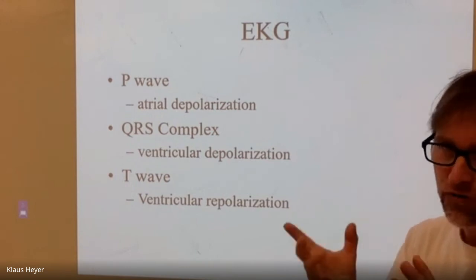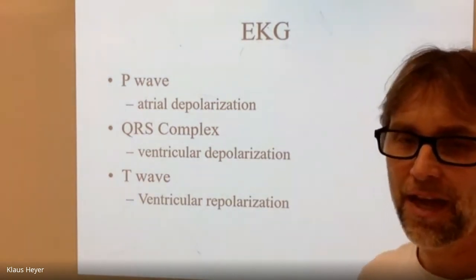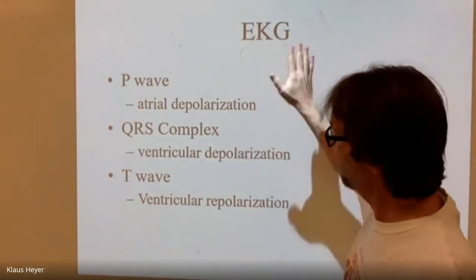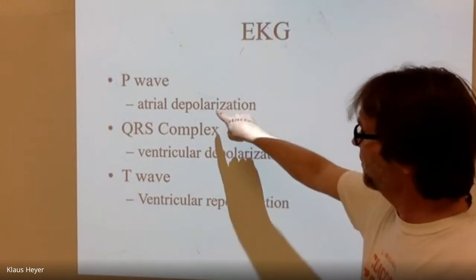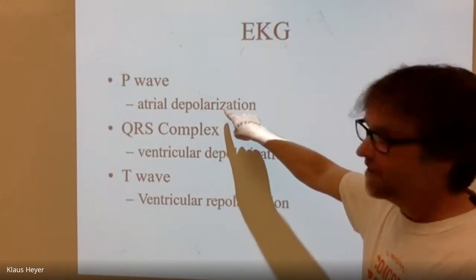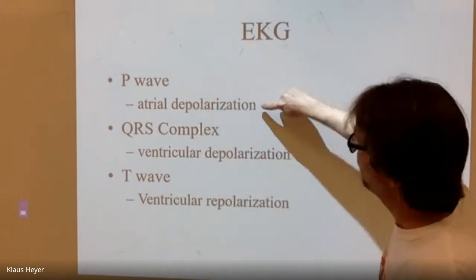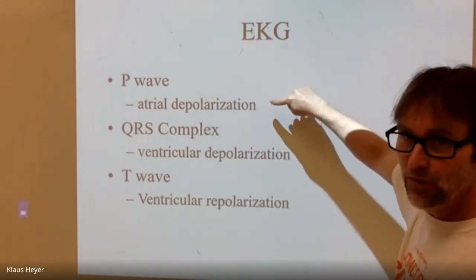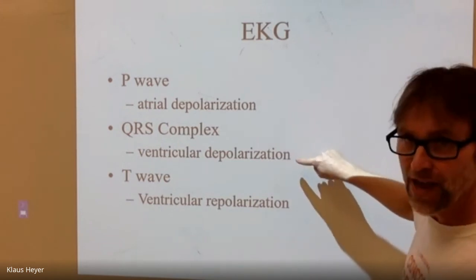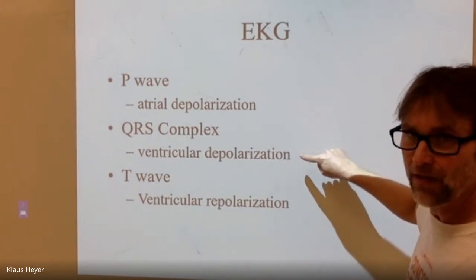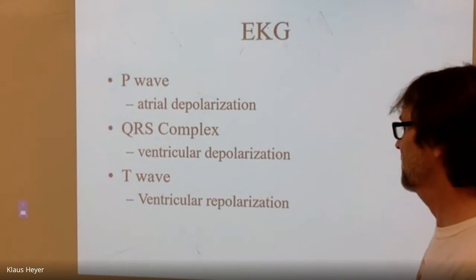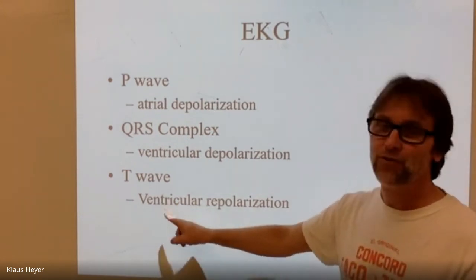They don't all contract at the same time. They can't. So for example, if the atria are contracted, that means the ventricles have to be relaxed. Here, atria are contracted, so the ventricles are relaxed. Ventricles contract, so the atria are relaxed. Now here the ventricles relax.